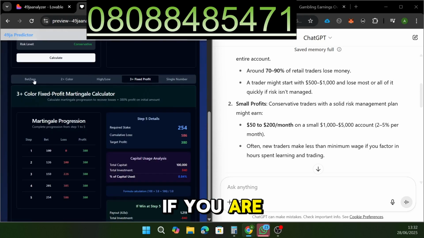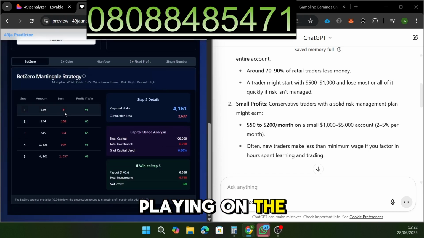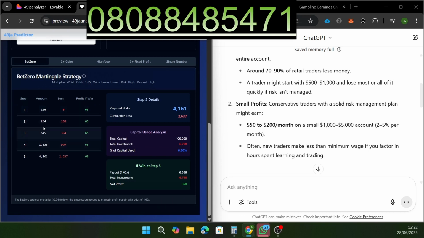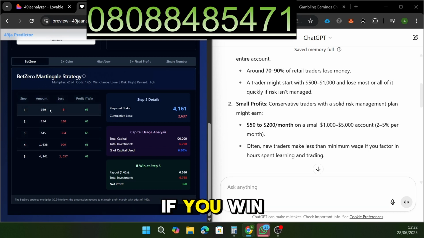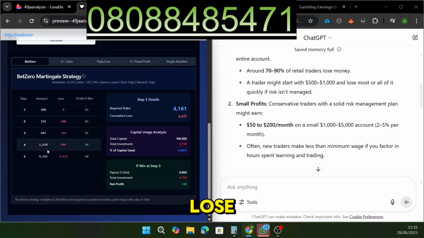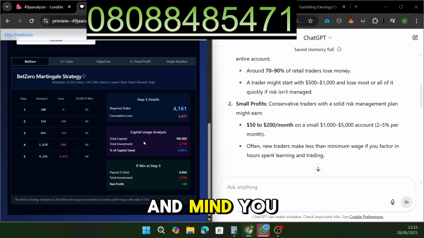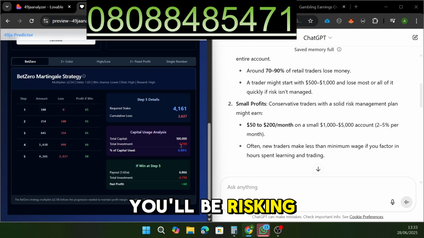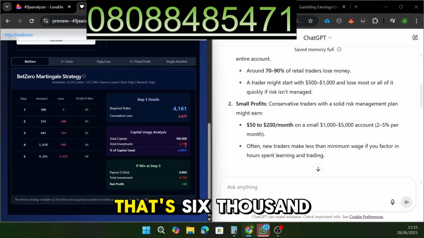Now if you are playing on Bet Zero here, as you can see, this is the amount you stake if you lose the first game, and you always take this. And mind you, as you can see here, we have the capital used analyzed. If you are staking 1,000 naira, the total amount you will be wasting is 6,000.